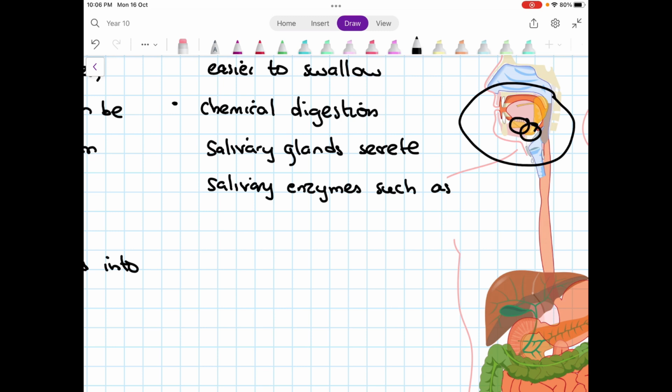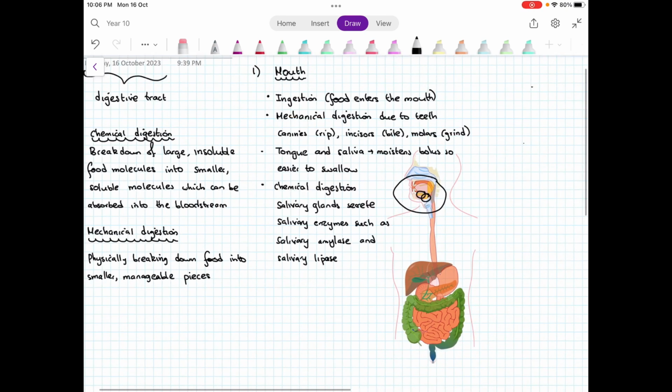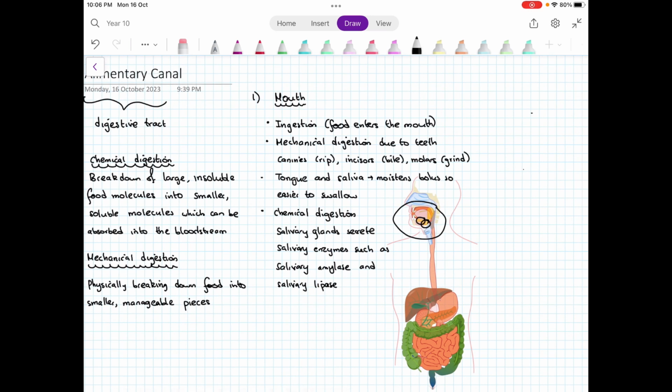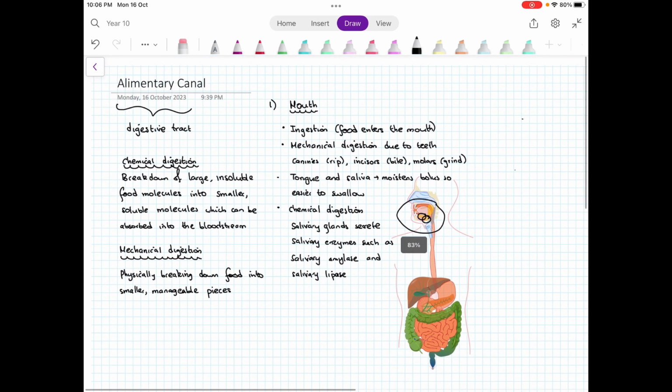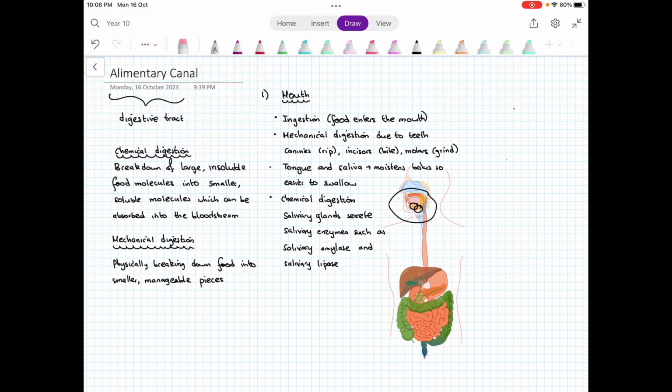So these include salivary amylase and salivary lipase. So there you have it, the first organ of the alimentary canal, which is the mouth.